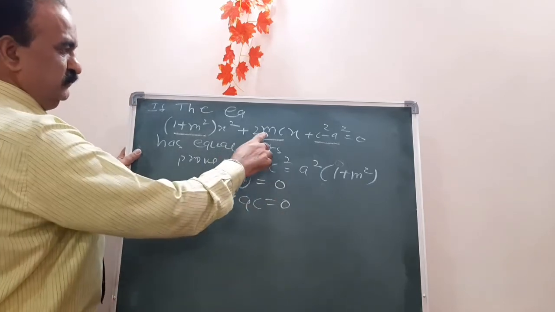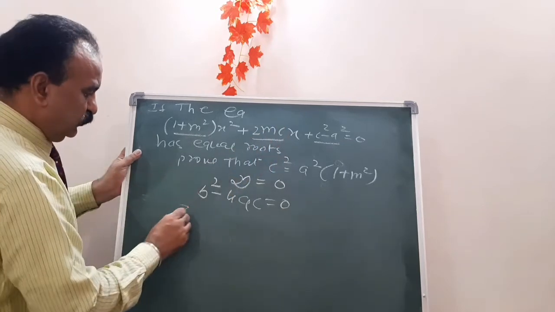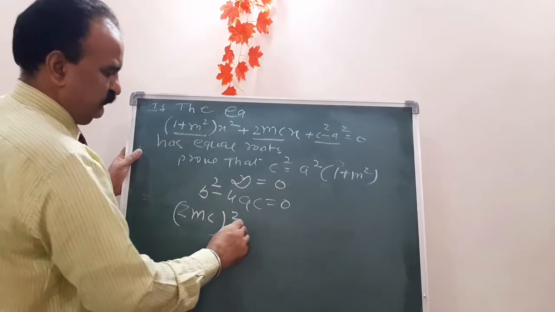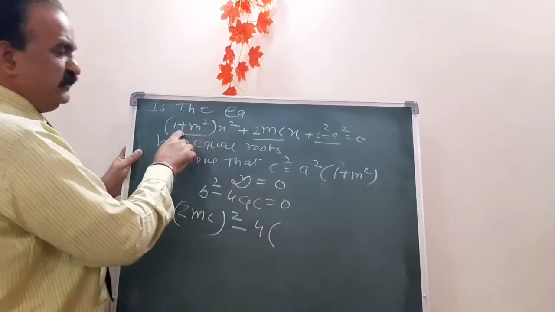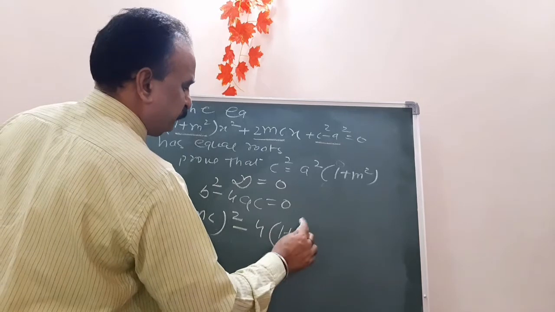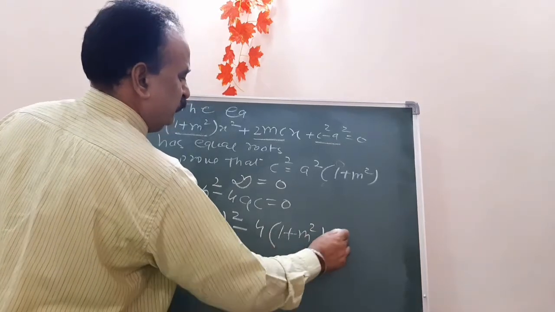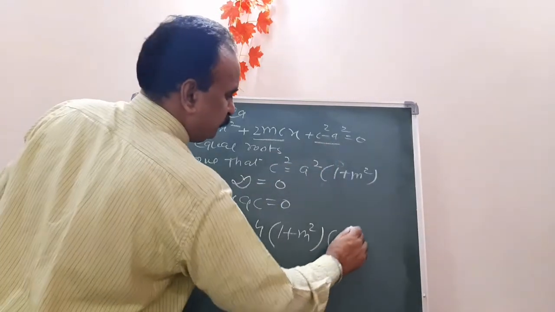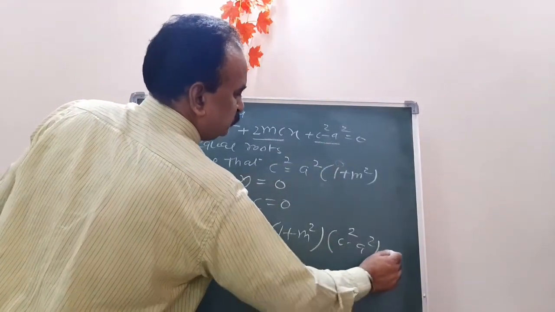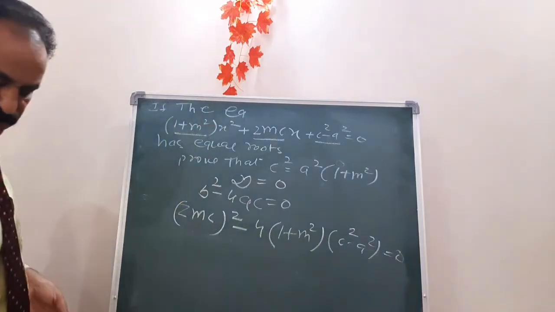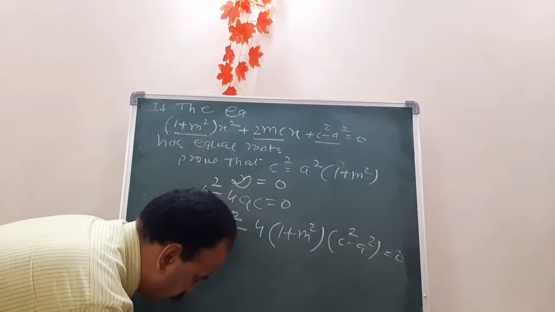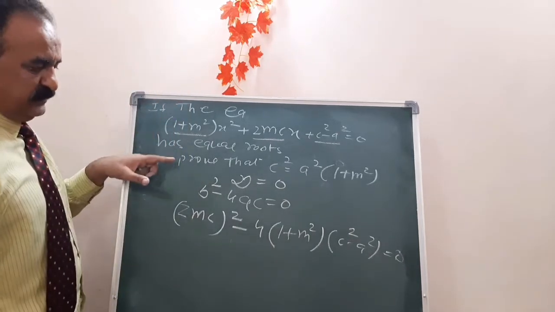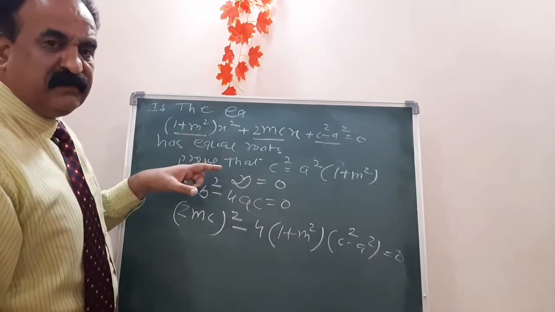b is 2mc. So (2mc) whole square minus 4 into a, which is 1 plus m square, into c, which is c square minus a square, equal to 0. Now let us see how to solve. Why am I writing D equal to 0?